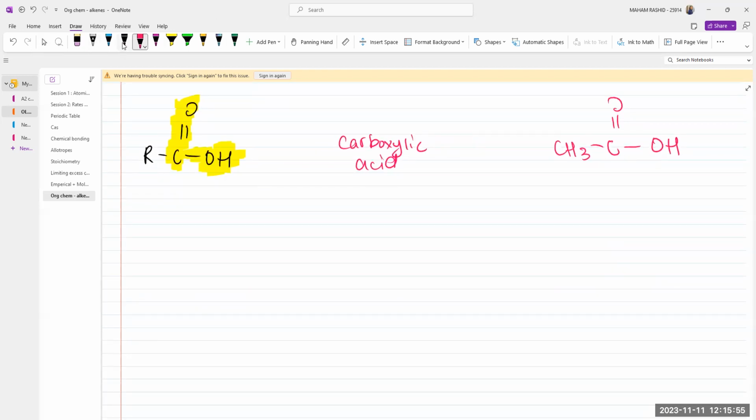Then we have esters. Examples for esters.